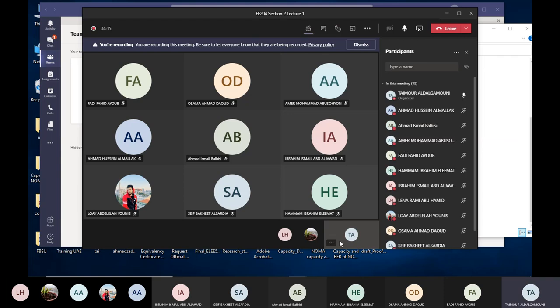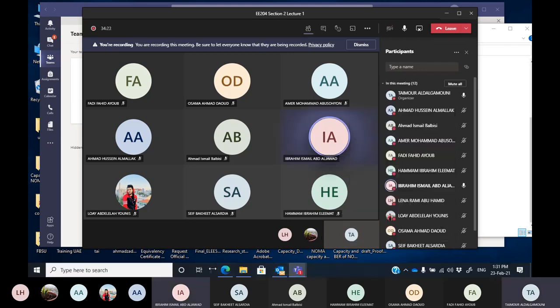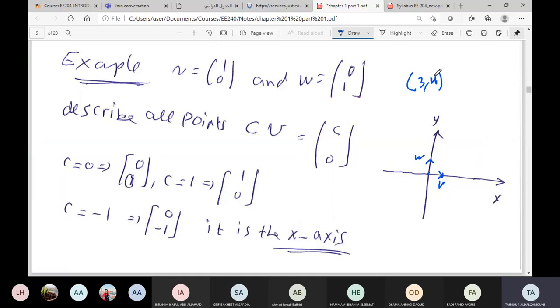Ibrahim Ismail. Yes, doctor. Ibrahim, can you write the point 3 and 4 as a linear combination of V and W? The point 3, 4. Yes. We need to write it as a linear combination of the vector V and the vector W. Okay. V would be 3, 0 and W would be 0, 4.